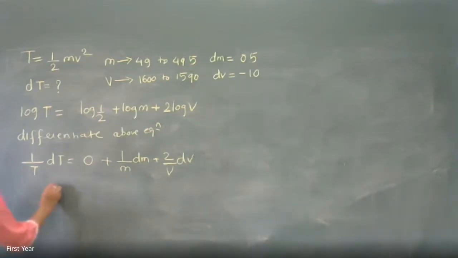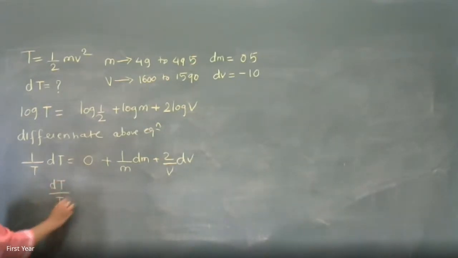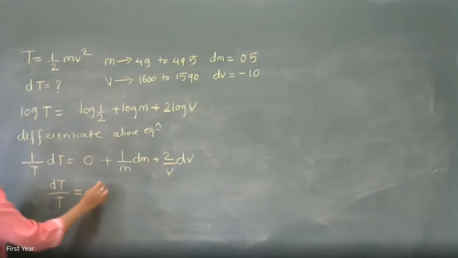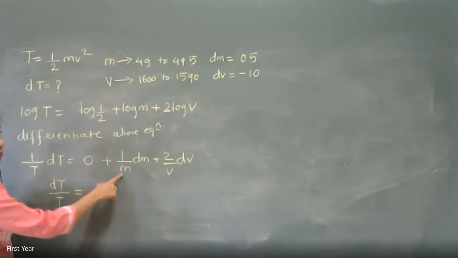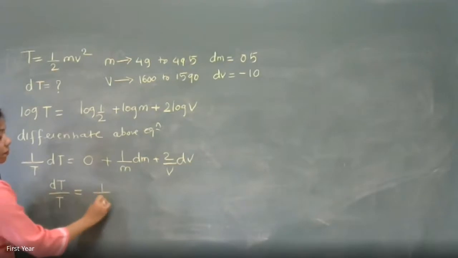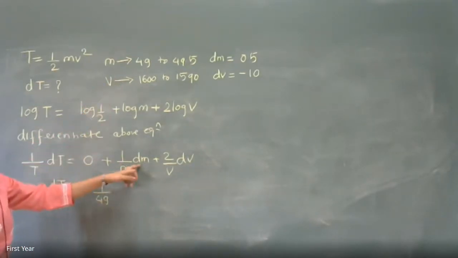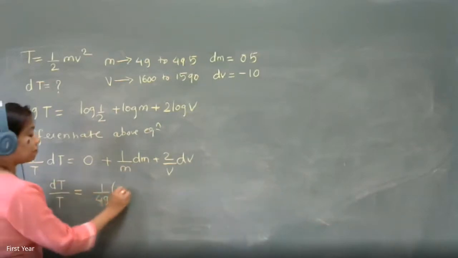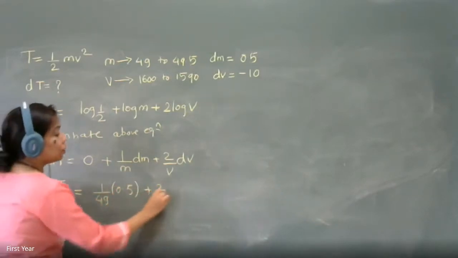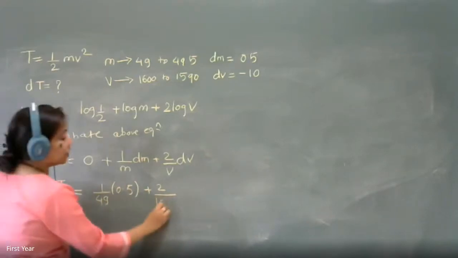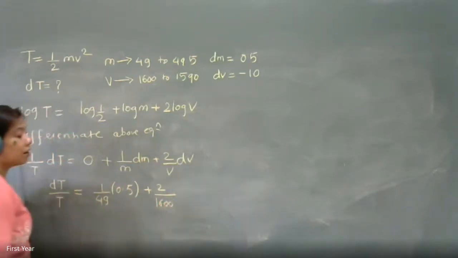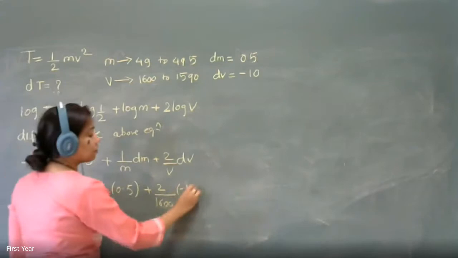Therefore, dT by T will become 1 by m dm plus 2 by V dV. What do I take for m? 49, the initial value, because we are taking the change. So 0.5 by 49 plus 2 divided by V, V is 1600, and dV is minus 10.